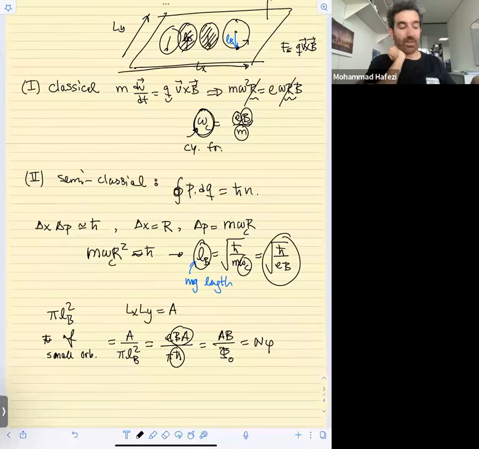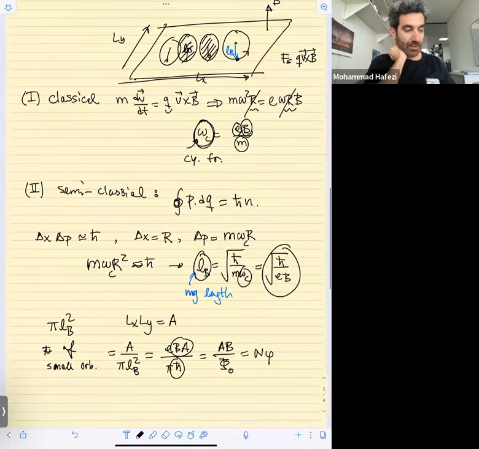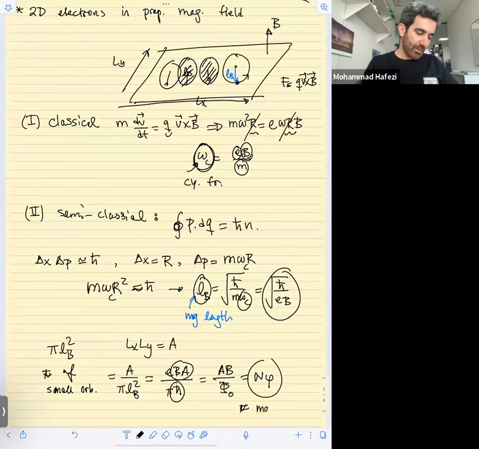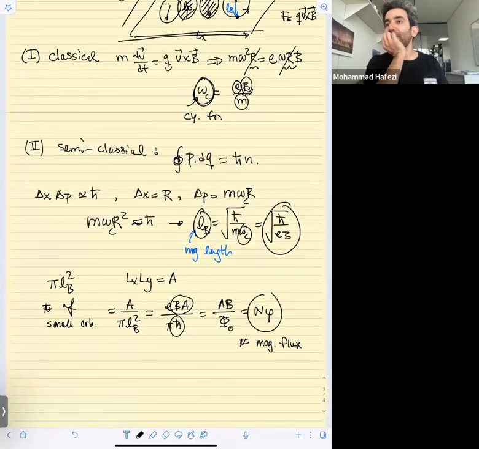So with this very semi-classical analysis, you kind of get a feeling that the lowest state in the system is n phi fold degenerate, and n phi being the number of magnetic flux. Sounds good?